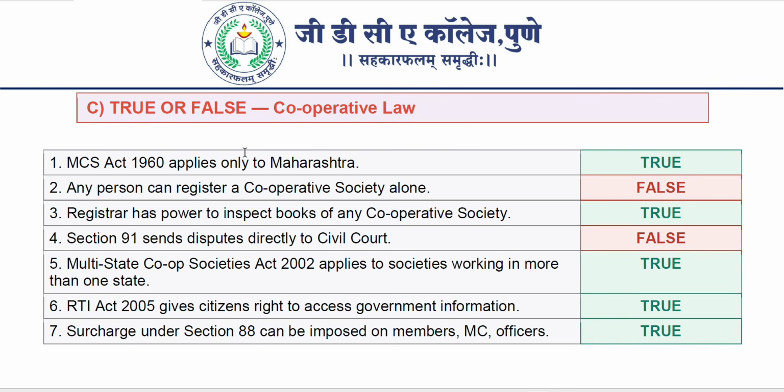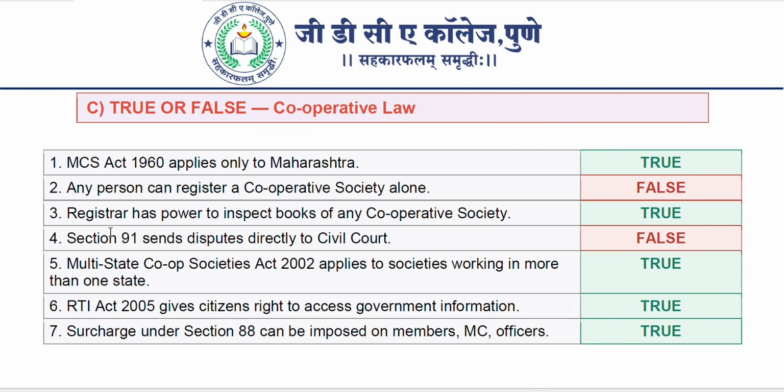True or false for cooperative law subject. MCS Act 1960 applies only to Maharashtra. True. Any person can register a cooperative society alone. False. Minimum 10 members required. Registrar has power to inspect books of cooperative society. True. Section 91 sends dispute directly to civil court.